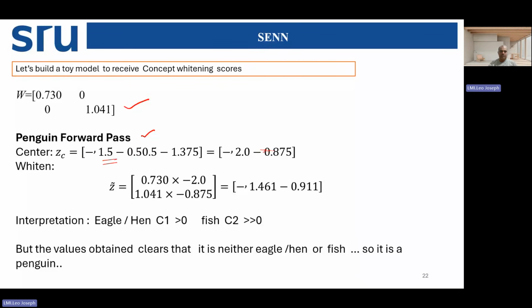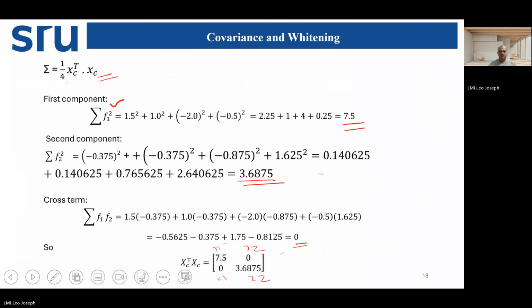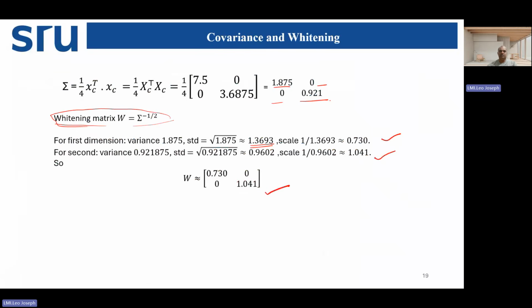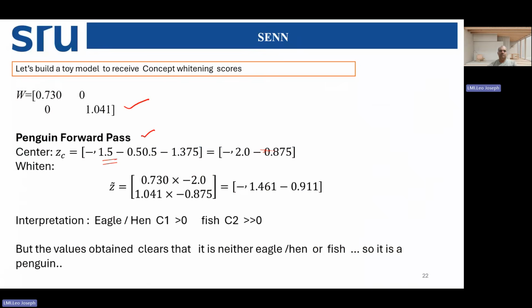Check out penguin. You can see here, same calculation I am taking. Minus 1.5, minus 0.5, 0.5, minus 1.375. Centering of data, that I am once again recalling here. So same thing, we are getting minus 2, minus 0.875.